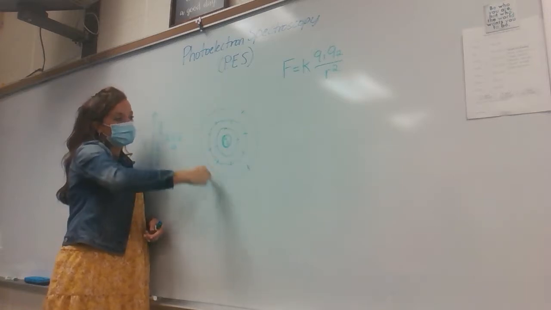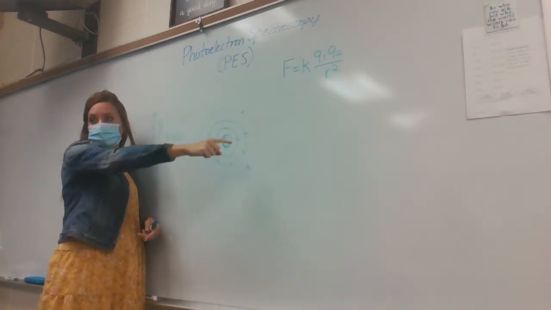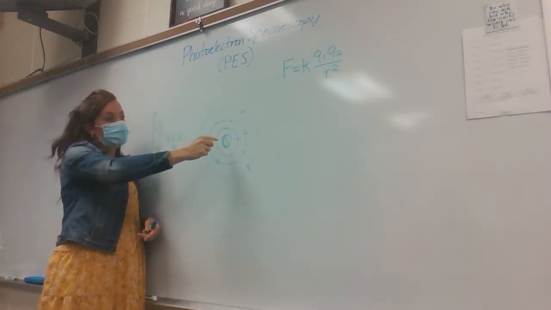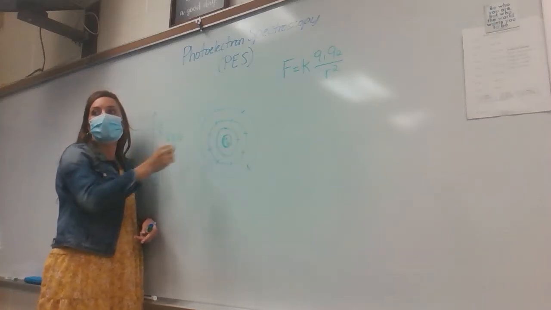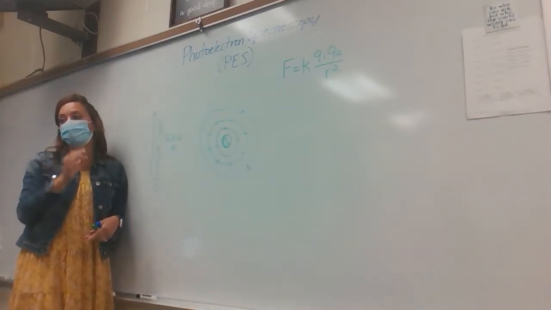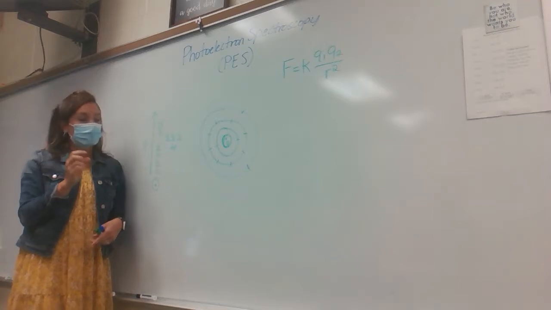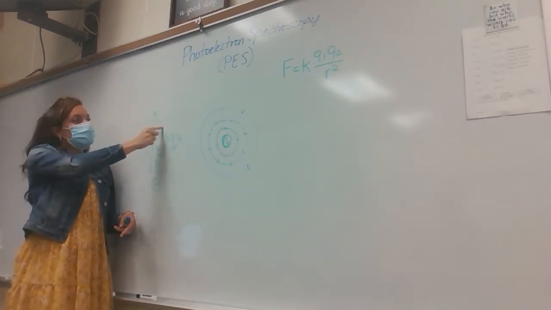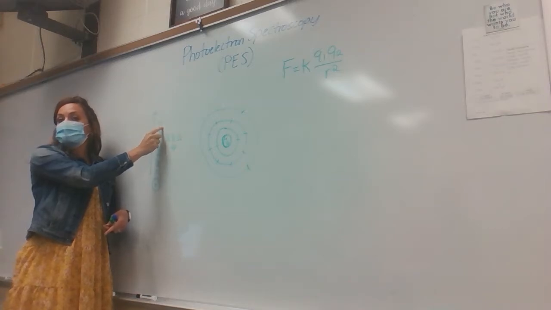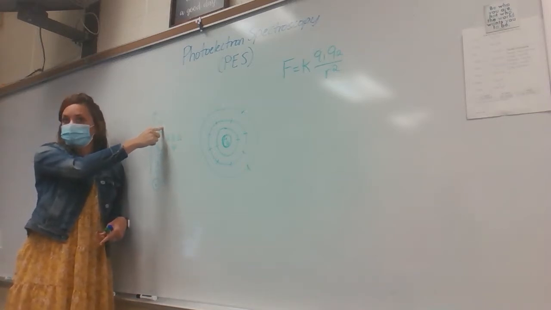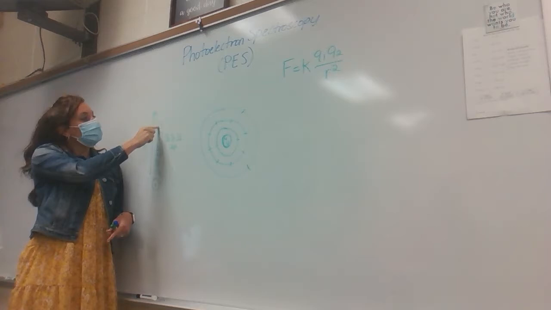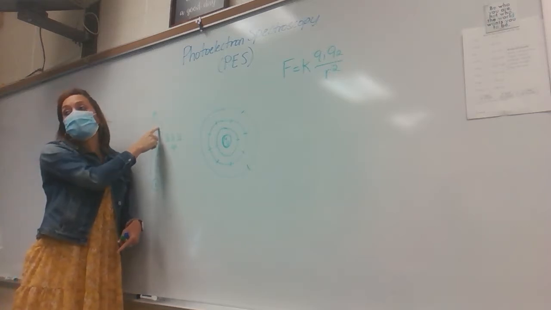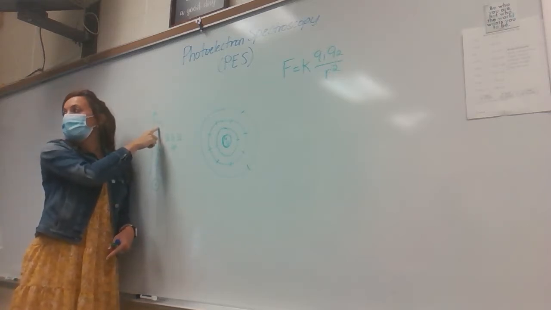Electrons out here have lower energy. Electrons in here have higher energy. It takes more energy to remove them. Okay, so as we're removing electrons, this one takes the least amount of energy to remove. Then this one takes a very, very similar amount of energy, just slightly higher.